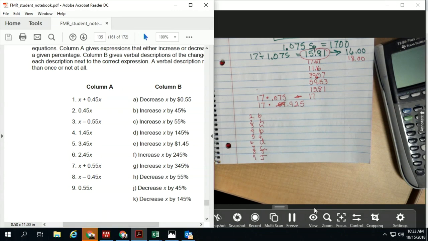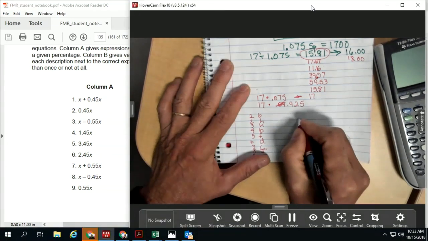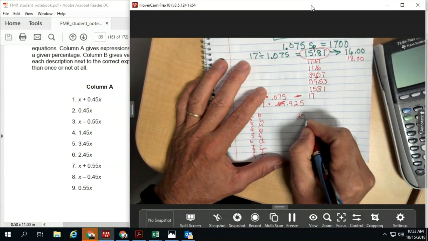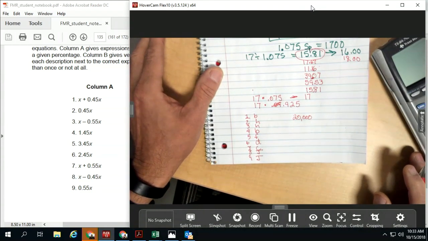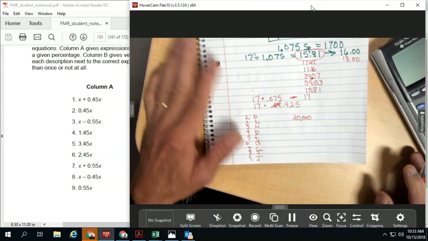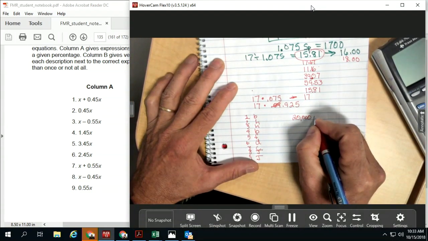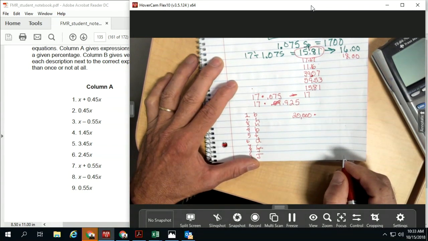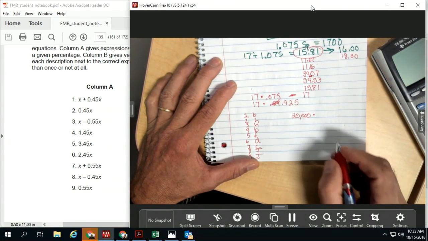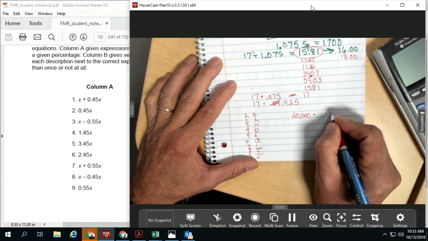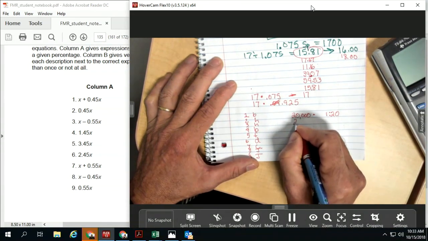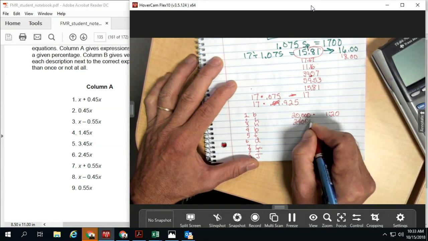Well, let's take round numbers. 20,000, that's where the Dow Jones was at the beginning of the year. Times, what would we do since it's a 20% increase? 1.2, and we get 24,000. 24,000.